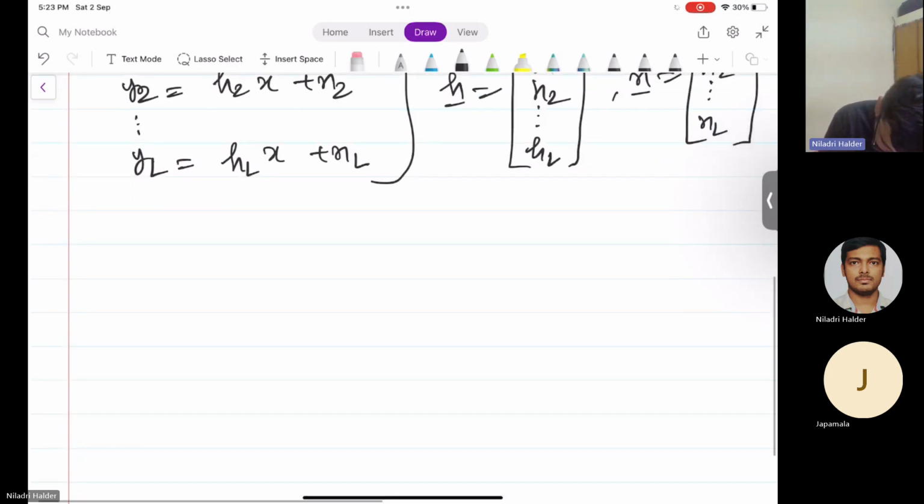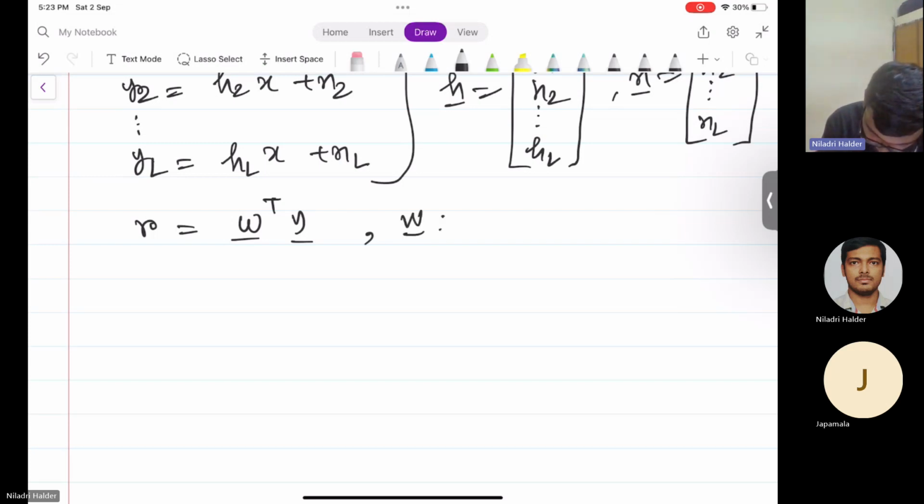After beamforming we get the signal r equals w transpose y, where all are real. Here y is the receive vector and w is the beamforming vector.